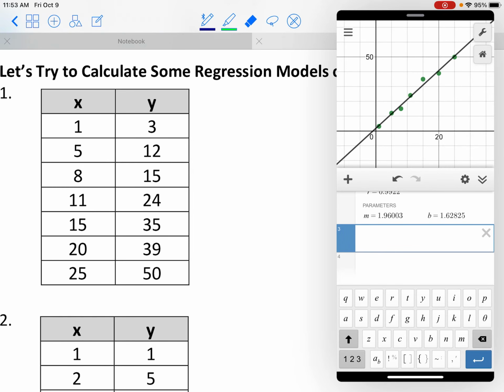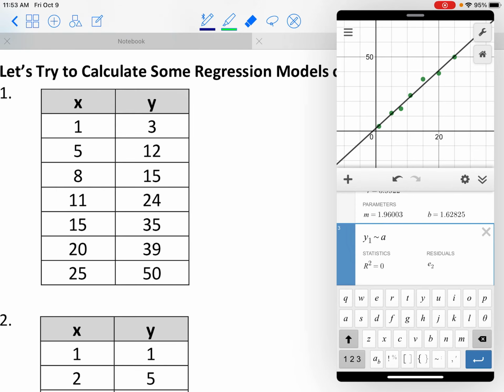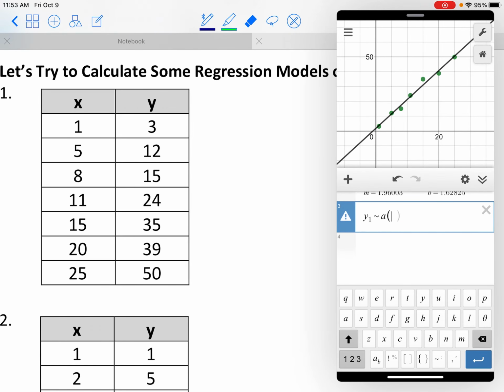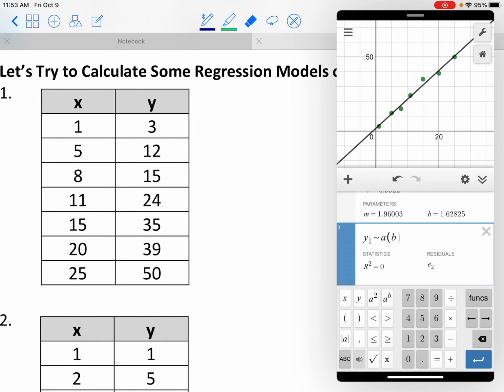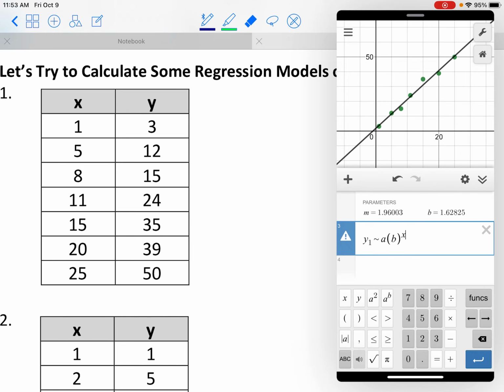Okay, so let's compare it now to the exponential. So we have y1, and then again the tilde, that little squiggle is called a tilde, and then we want a, and then parentheses, b, parentheses, and then we want to raise that to the exponential, right? X to the power. So x, and then we want it to be a sub 1.